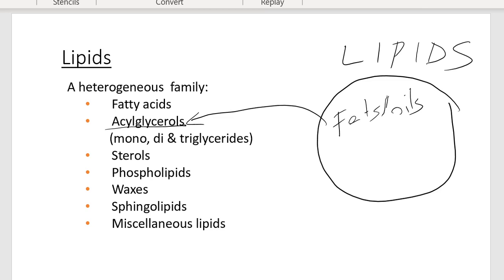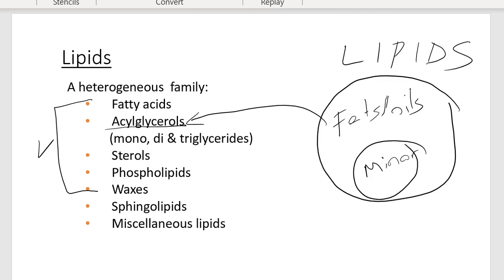And there are also minor lipid compounds we can place in this big lipid circle. Minor lipids like sterols, phospholipids, and waxes. They are minor lipids, but they have important nutritional and functional properties and valuable applications in the food industry. So in this lecture, we will learn about these lipid groups up to here.